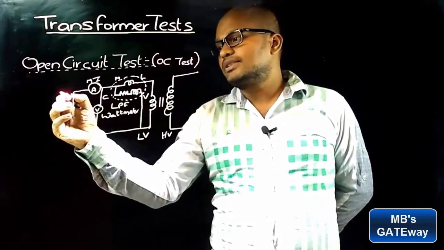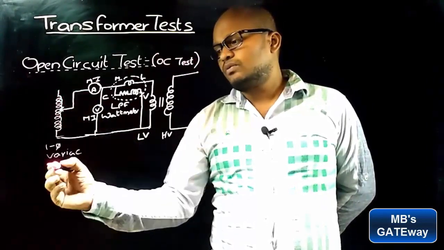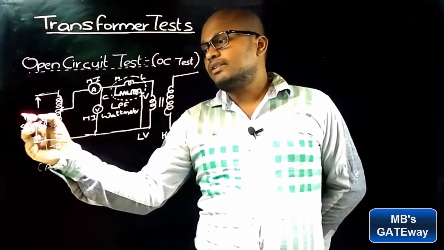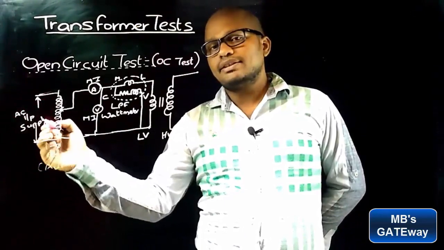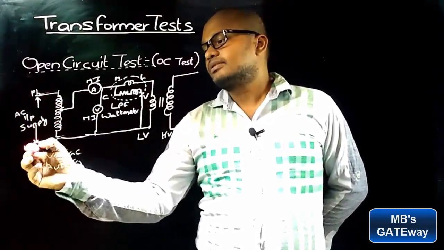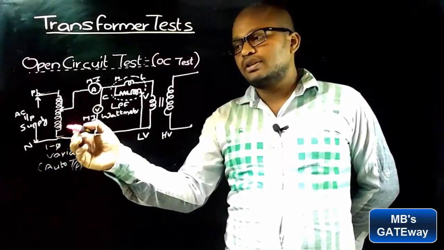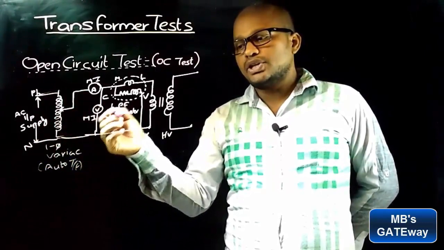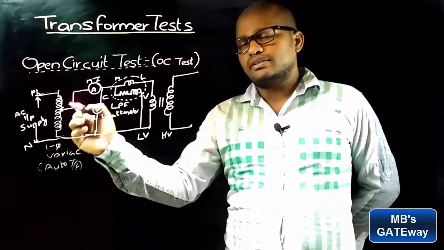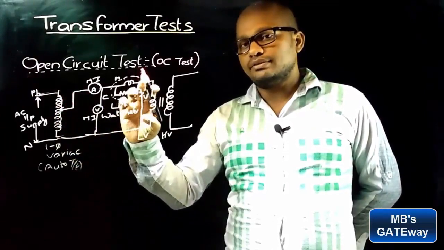The input power is taken through a single phase variac, which can also be called an auto transformer, and to this variac AC input supply is connected. Let those be terminals phase and neutral. Here the single phase variac is used for giving the required voltage to the transformer from the available input supply. That is, by varying this variac we can give the required voltage to the transformer.